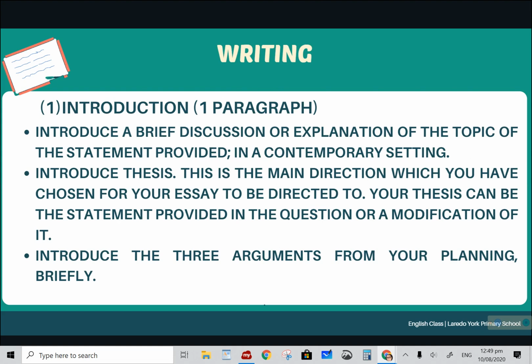Especially your thesis and your three arguments must be introduced. Because this would tell the examiner that you know how to write an argumentative essay, and it will introduce to the examiner the points that are to come, the argument that is to come, and it will introduce your essay itself in the proper way.